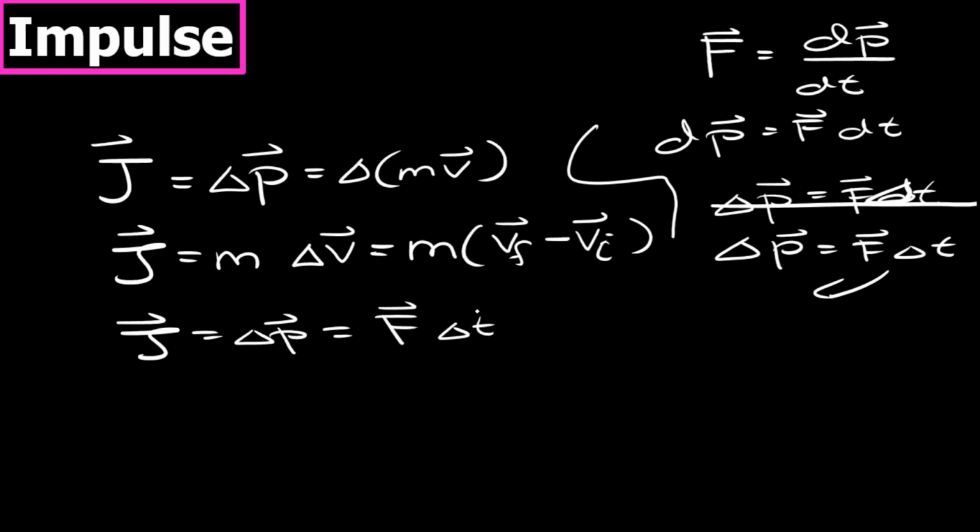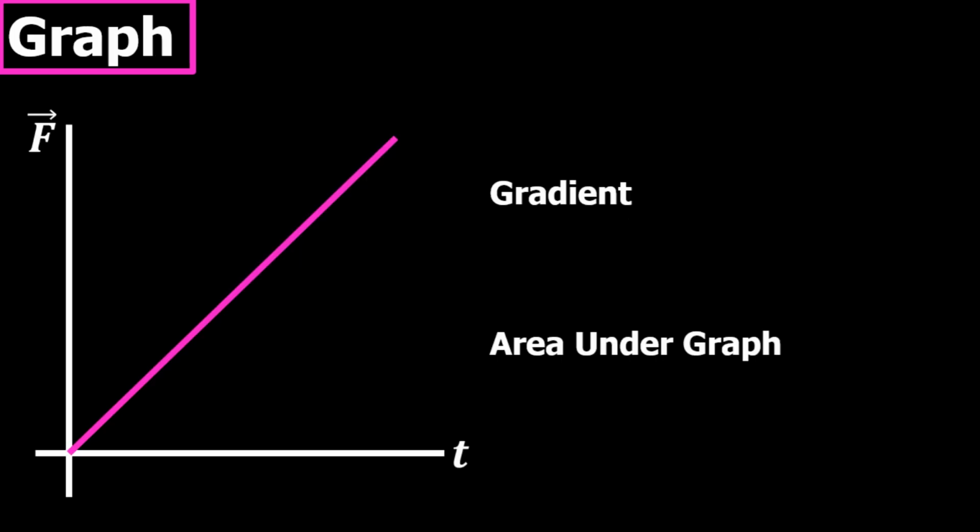So we have defined momentum, we have defined impulse, and we have related impulse to force. Now we are in a position to look at the force-time graph. When we talk about a graph, there are always two things we talk about: its gradient and its area under the graph.